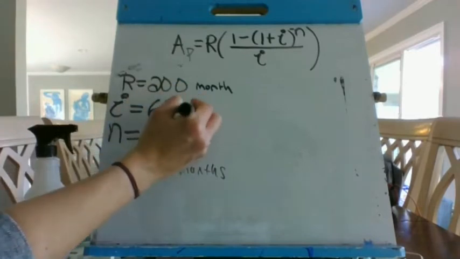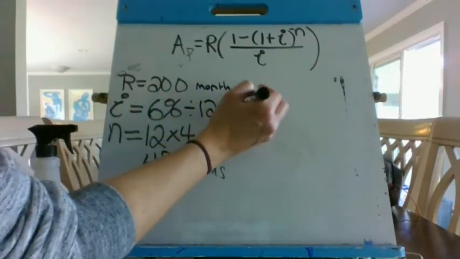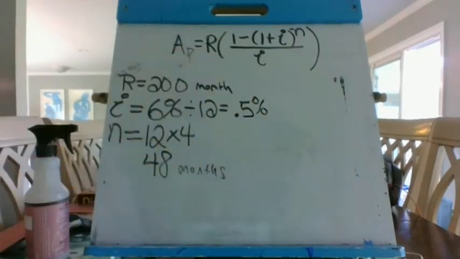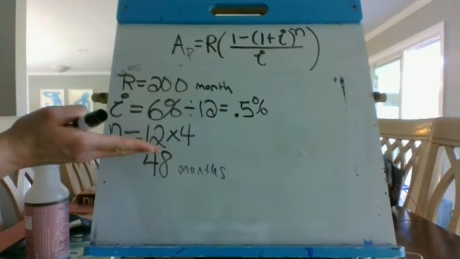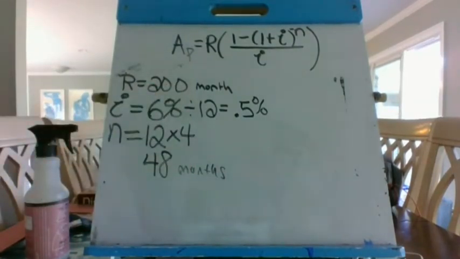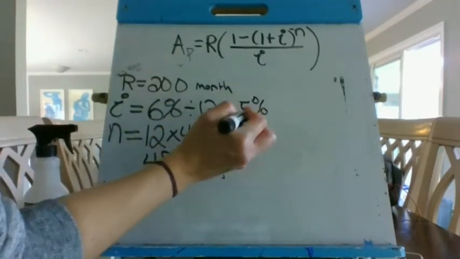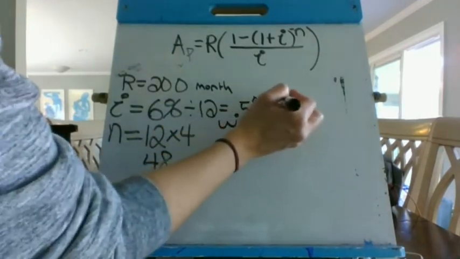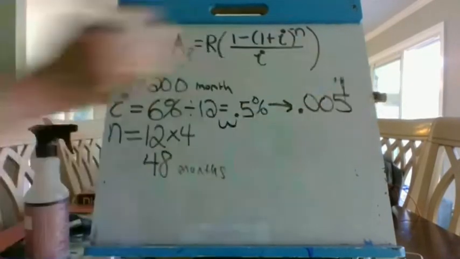To get per month, we have to divide this by 12. That gets us 0.5%, the percentage per month. All these have to match: the monthly, this is monthly, this is monthly. If they don't match, then you have to make it so that they match. Now this is 0.5% per month, but that is still a percent, not a decimal. So we have to scoop this twice. Plugging into the formula, we're putting 0.005.